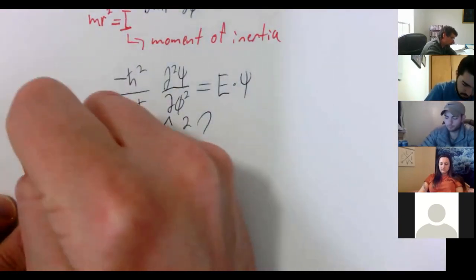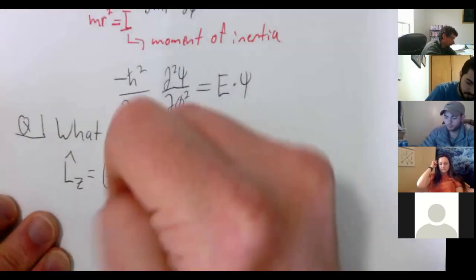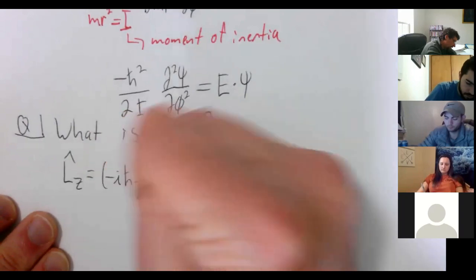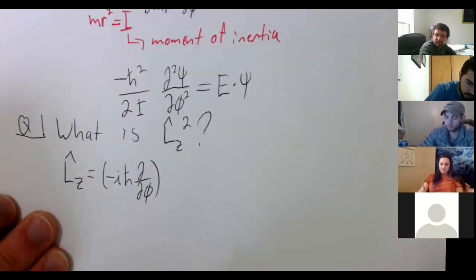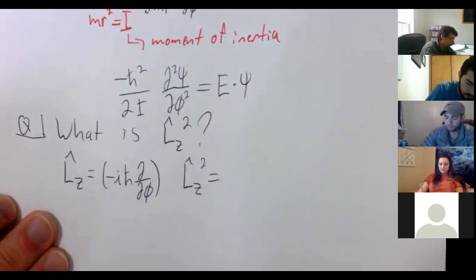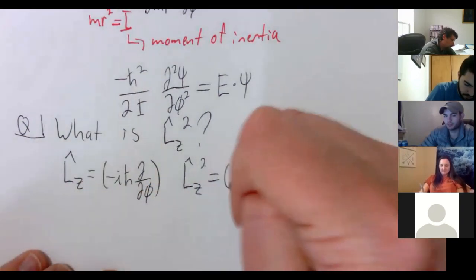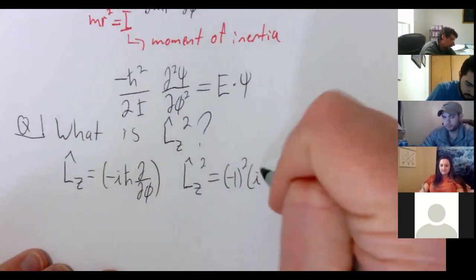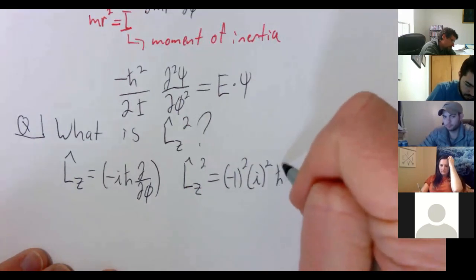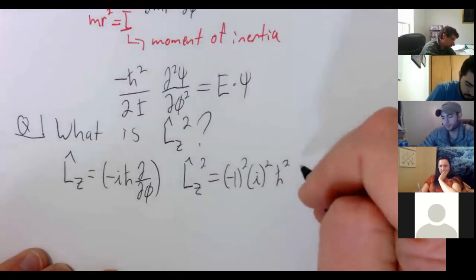We said L_z was equal to negative i h bar d/dφ, right? So what's L_z hat squared going to be? It's all of this stuff squared, a second derivative. We've got negative 1 squared, i squared, h bar squared. And what happens to i squared? It's going to be -1.